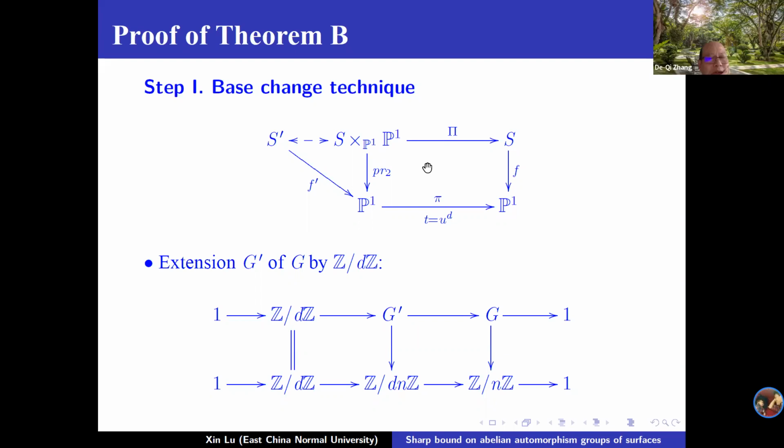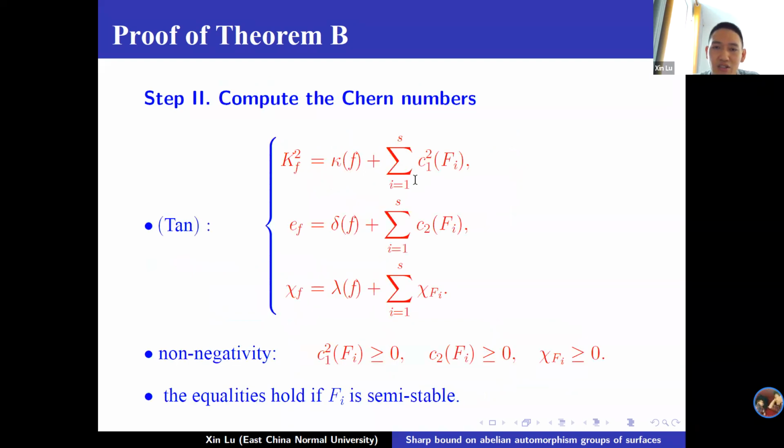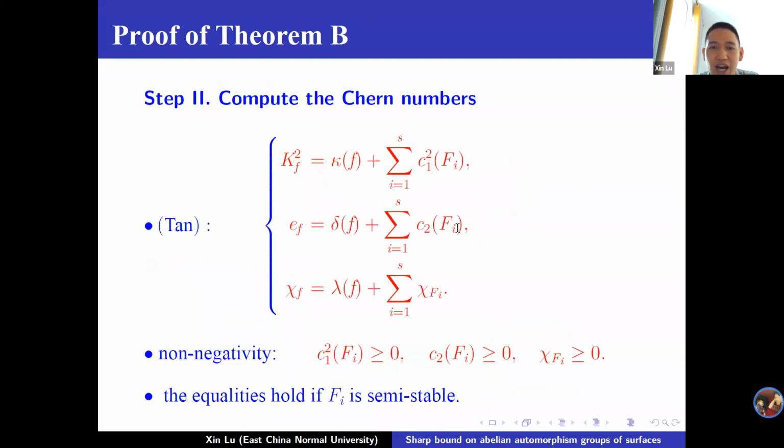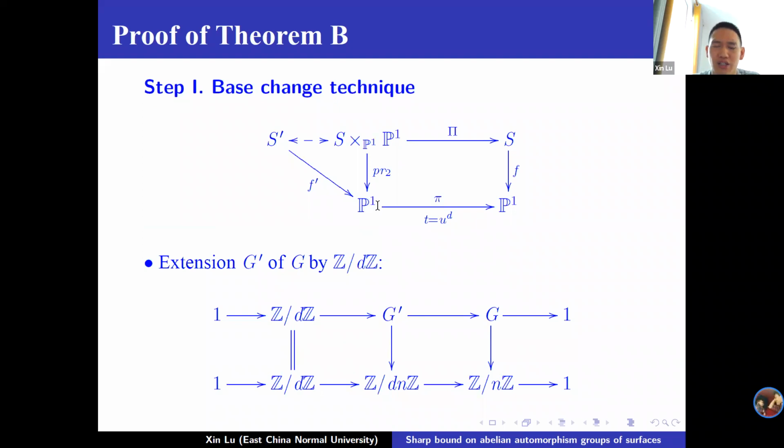I see. So how do you choose this D, the degree of D? Is it a multiplication? Here D is not crucial, but in our proof we just take D sufficiently divisible so that after base change, the fiber over 0 and infinity is semistable.